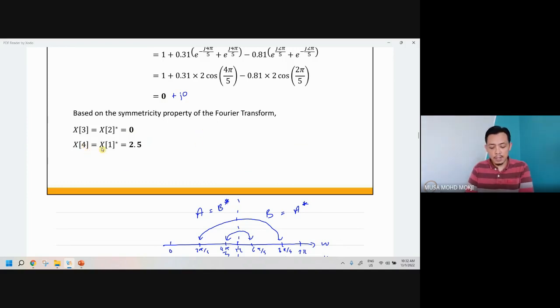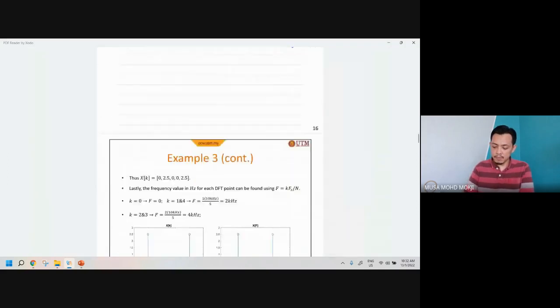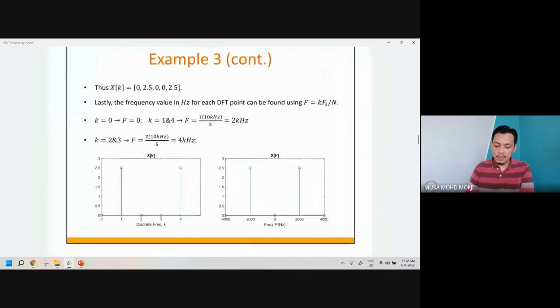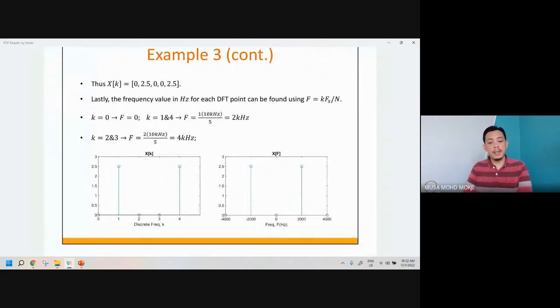And x4 is a conjugate of x1, which is equal to 2.5. So this is what we have: Xk is equal to 0, 2.5, 0, 0, 2.5. This is x0, x1, x2, x3, x4.